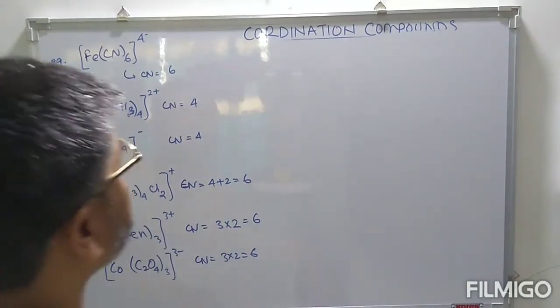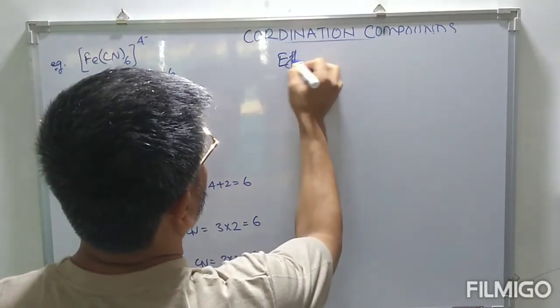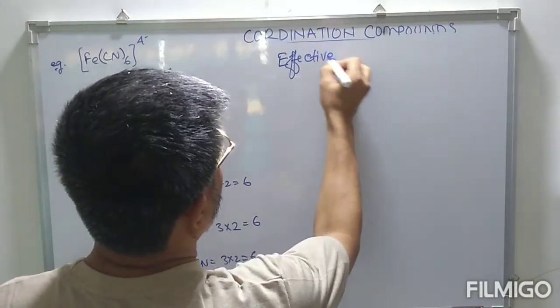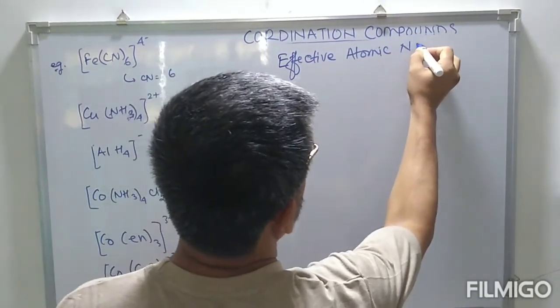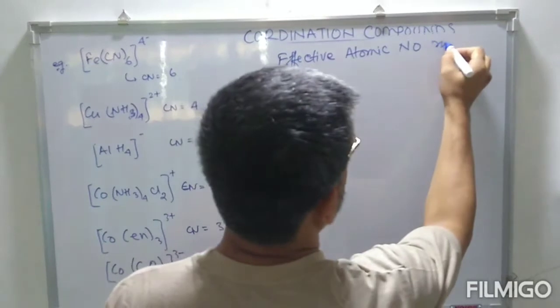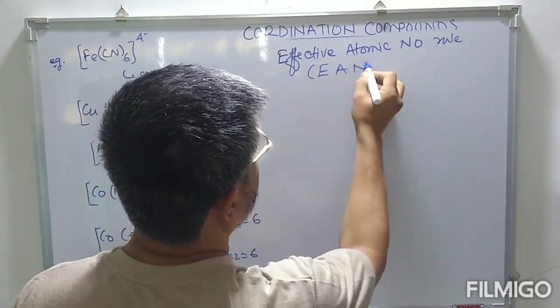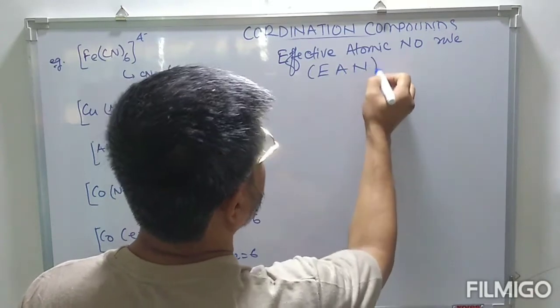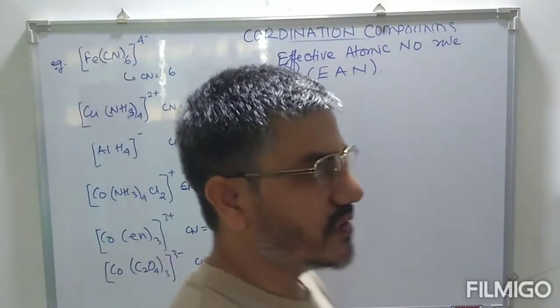So next is effective atomic number rule. That is EAN, effective atomic number rule. Now look at this.